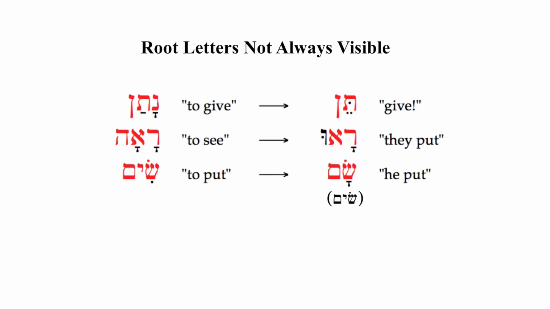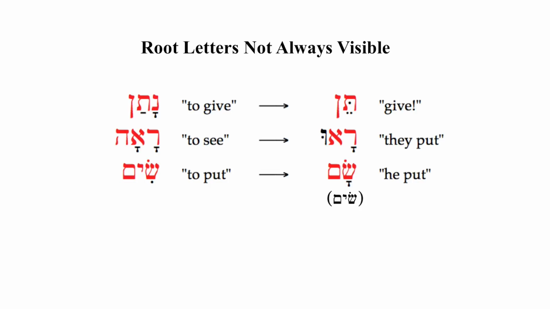For example, the verb natan, to give, can sometimes show up in the text as tain. Not all the letters are present. So we will flag that for you, and we will make sure that you know the connection between your vocabulary and the form on the page so that you can tell the difference. A verb like ra'ah, to see, can show up in the text as something like ra'u, and the hey at the end of the form that you learn in your vocabulary word won't be visible.